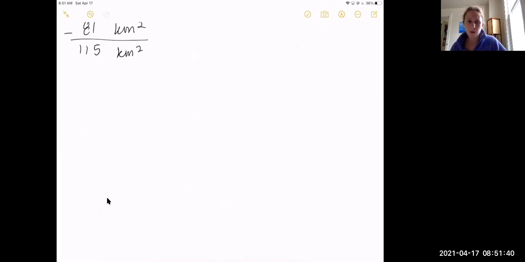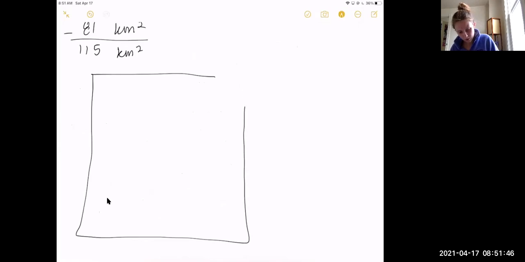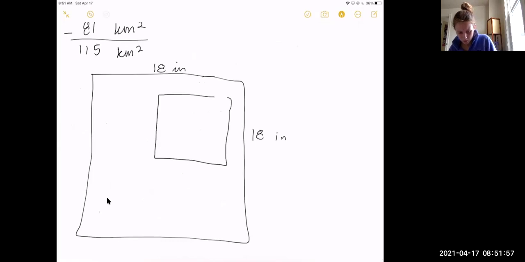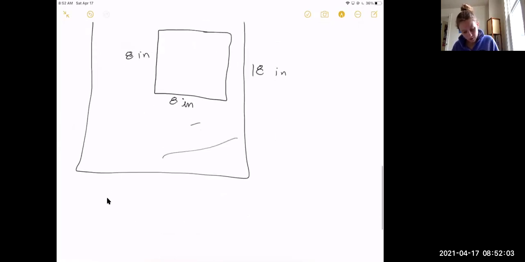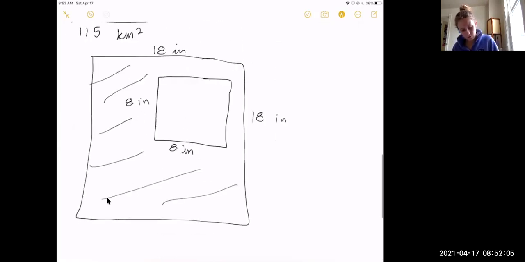Okay, next one we can do, I'm going to draw it out again. We're trying to find this shaded region.